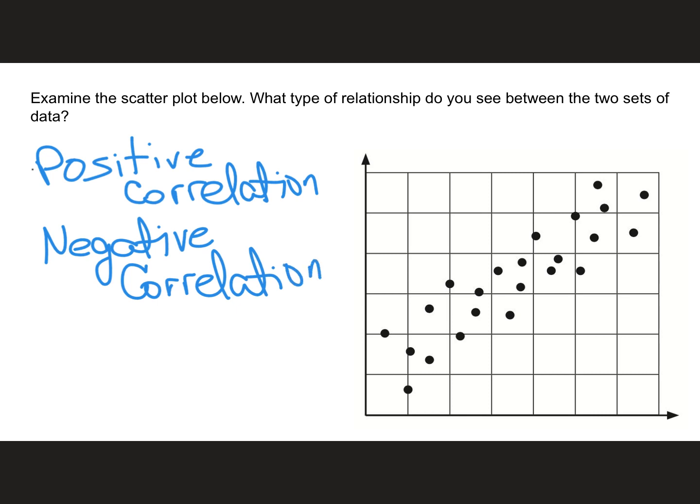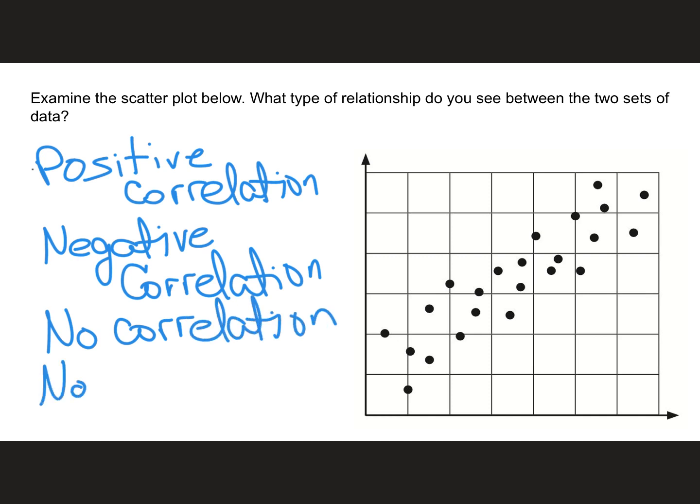You can say that there is no correlation or no relationship. Or sometimes you might see a non-linear correlation. So you need to figure out which one of these and explain why. Our correlation is just their relationship.